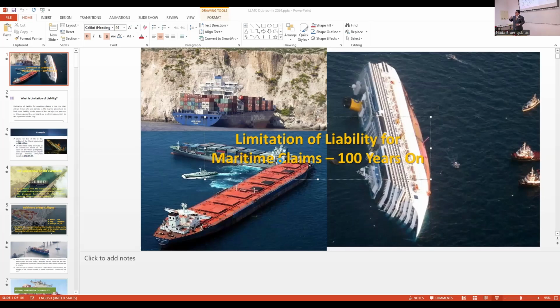So what this means is that when the amount calculated under 6.1(a) for loss of life or personal injury is insufficient to pay the claims for loss of life or personal injury, the amount calculated under 6.1(b) for any other claims will be available for that. In short, for loss of life or personal injury, the limitation of liability is 6.1(a) plus 6.1(b), with the difference that if there are property claims as well, 6.1(b) will be shared.